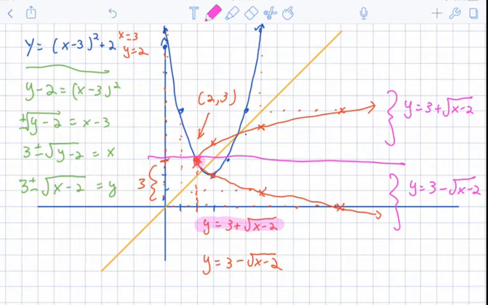So the fact that there's two branches and how they fit together makes a little bit of sense. Also, you can note that each of these is a reflection of a different part of the parabola. Let me kind of clear some room here.